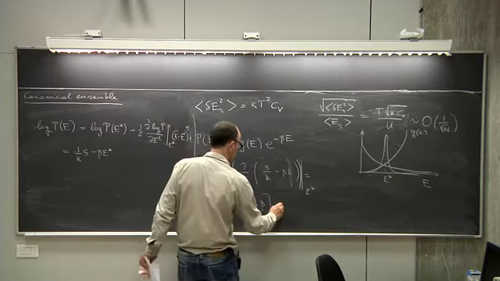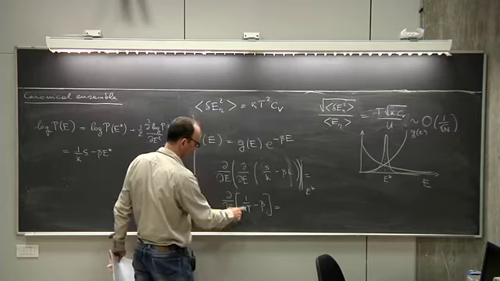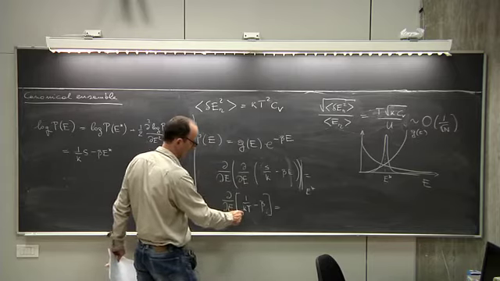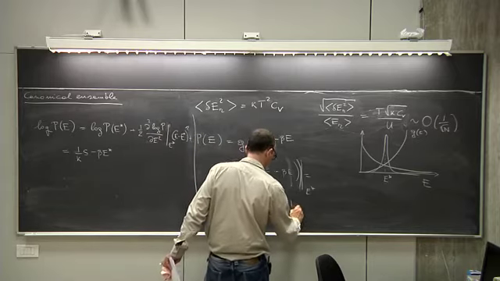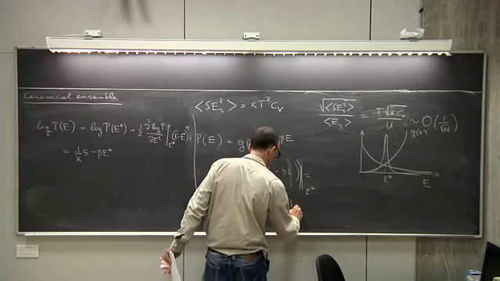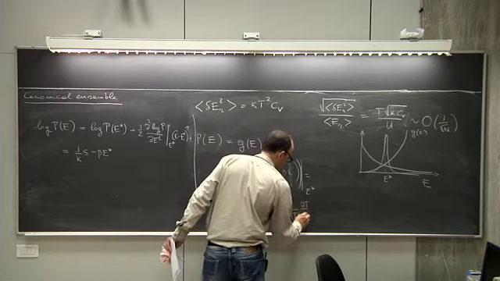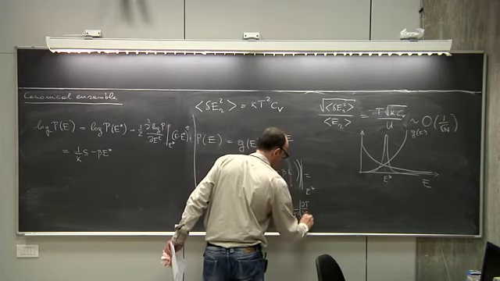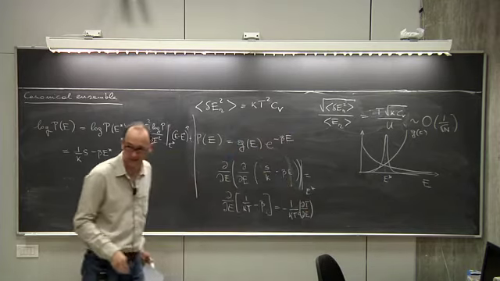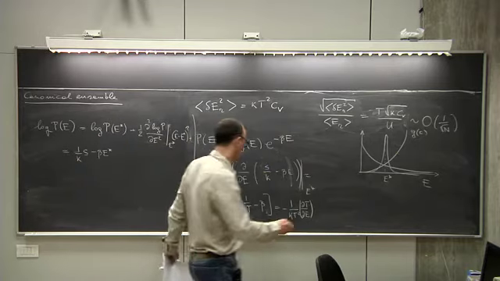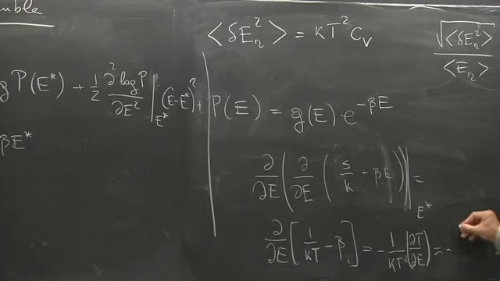So I have only the derivative of this term here, so it's minus 1 over kT squared times the derivative of the temperature with respect to the energy, and this is 1 over the specific heat.